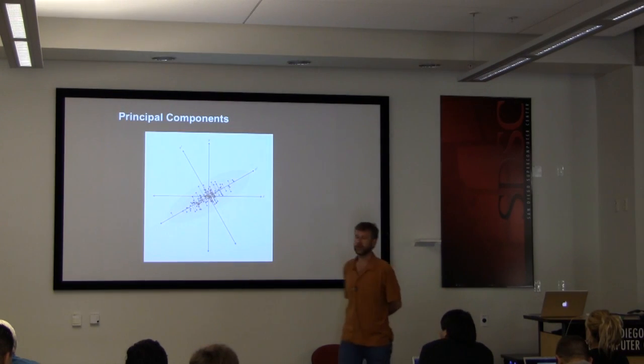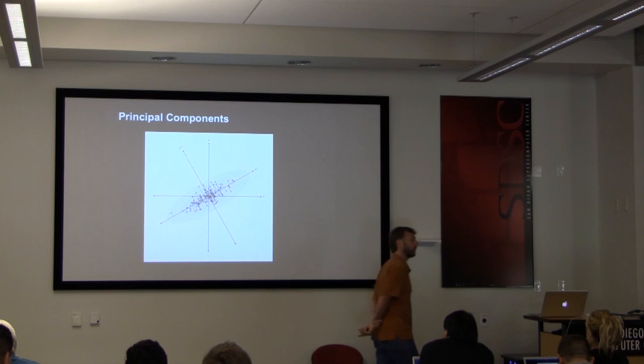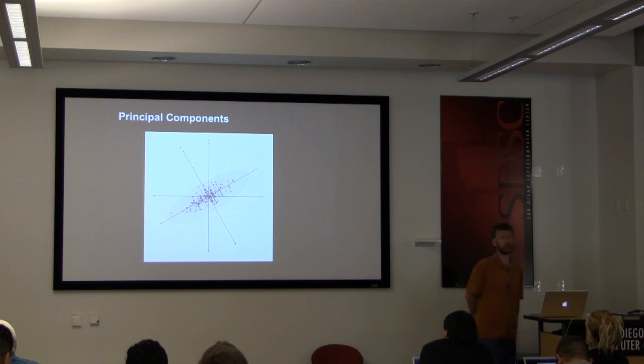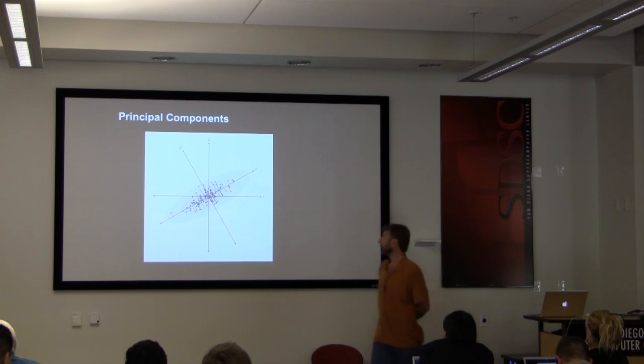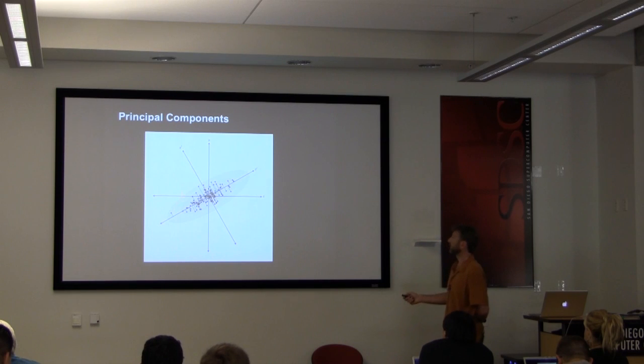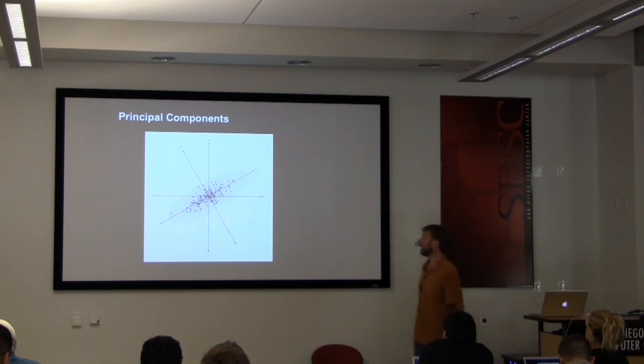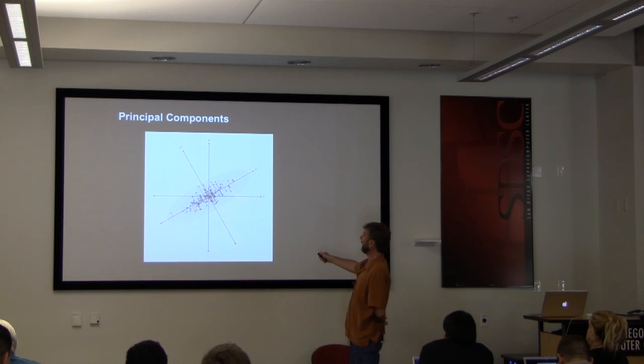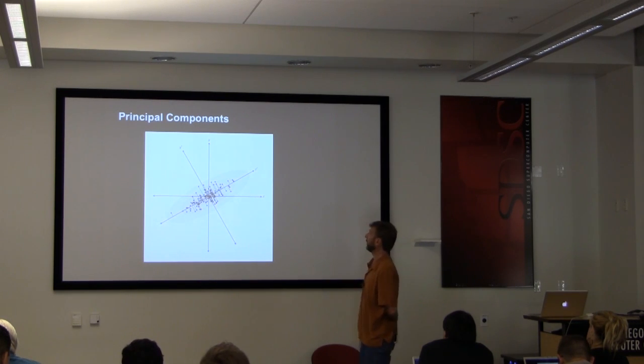So the first thing you can do is to work with principal component analysis, which probably a large fraction of you have come across. Let's think about this simply in a two-dimensional space. So we have a scatter plot, and the axes are x and y. We can immediately see that the data are correlated in x and y.